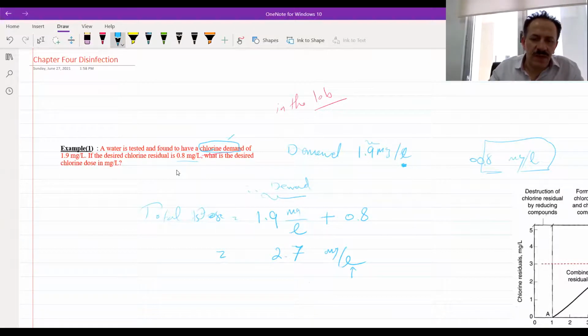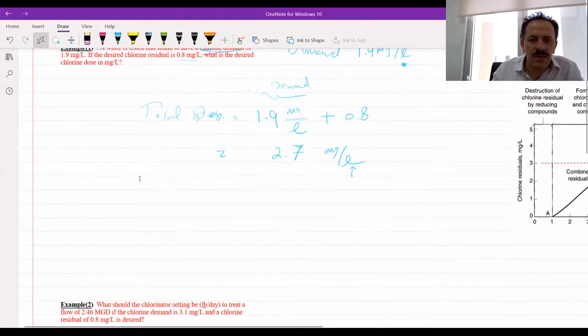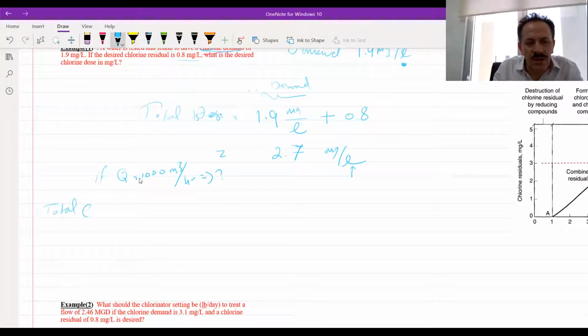Now, if the Q was 1,000 meter cube per hour, how much is the total chlorine dose that we need? It will be Q times C. We have to multiply that 1,000 meter cube per hour times 2.7.